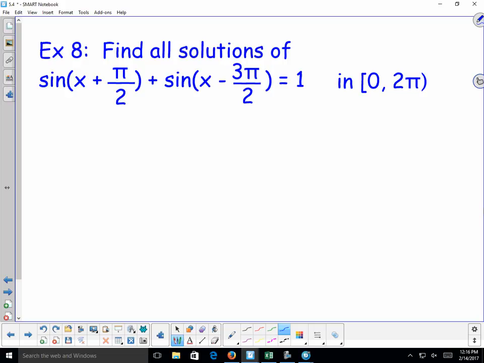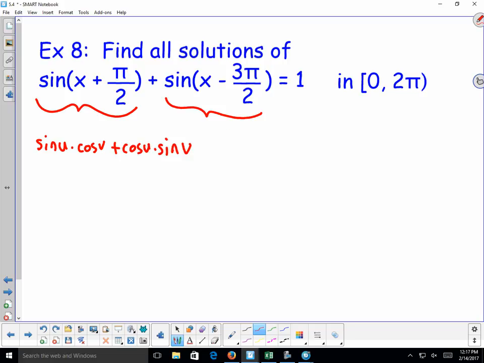But here, you're going to have to rewrite this part using a sum formula for sine, right? And you're going to have to rewrite this part using sine of u minus v, right? The subtraction formula for sine. All right? So for this one, if x is u and pi over 2 is v, you're going to fill that in using the formula sine u cosine v plus cosine u sine v, and so on.